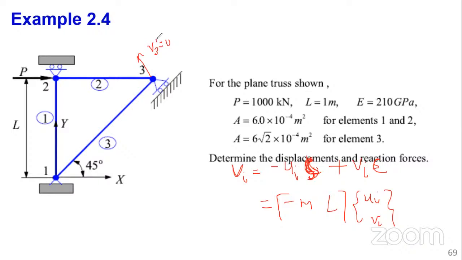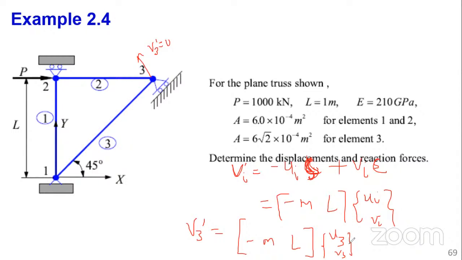So we can transform the relation: V3 prime, so I now is 3. So we say V3 prime is the same as minus M L, U3 V3.